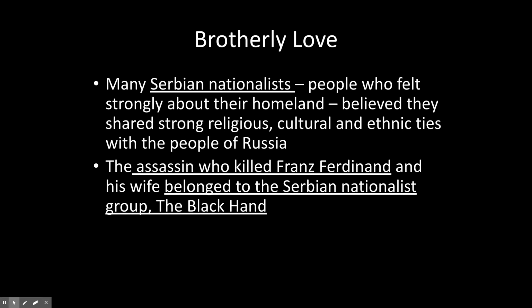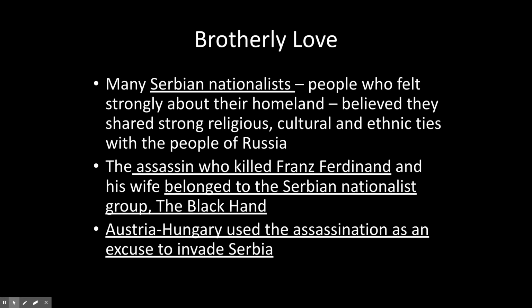Well, the guy that kills the Archduke Franz Ferdinand was part of a secret organization, a nationalist group, kind of like an armed militia, to put it in 2020 ideas. So he, along with 6 other guys, they get some bombs, they get some guns, they hide out and they wait for this guy to come visit this beautiful city, Sarajevo, and they kill him.